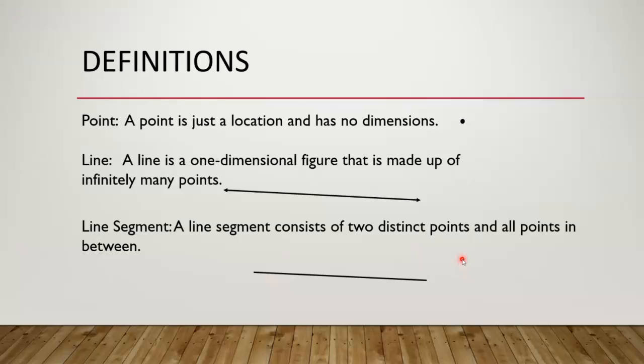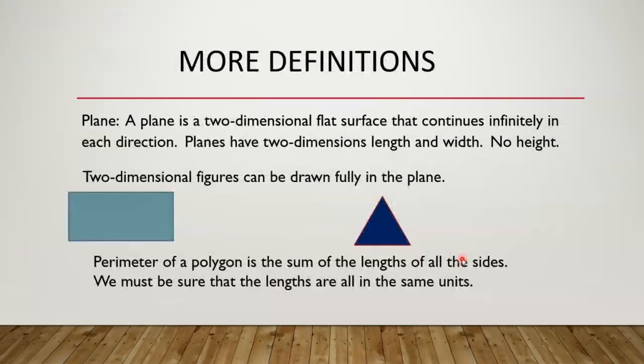What about two dimensions? Well, we do have that concept, and that's where planes come into play. Let me define this first. A plane is a two-dimensional flat surface, and it continues infinitely.